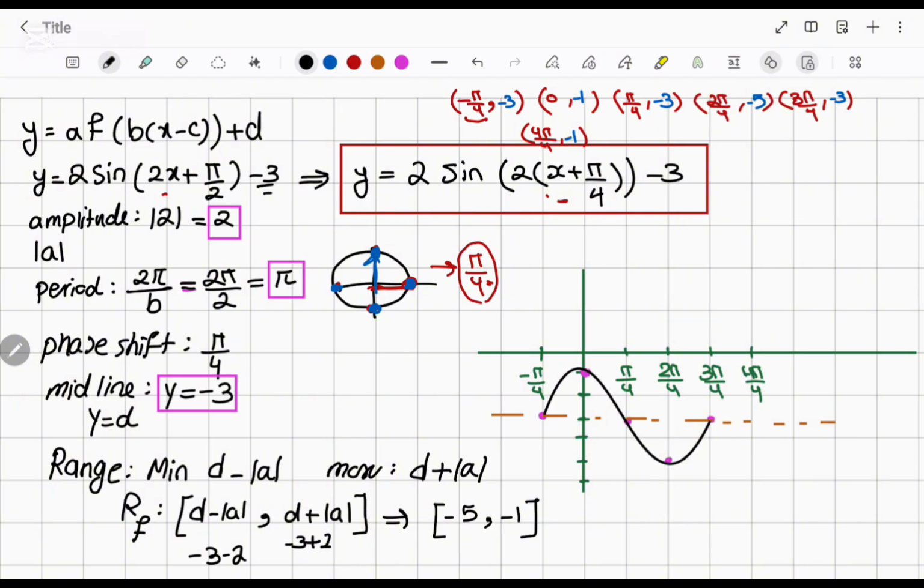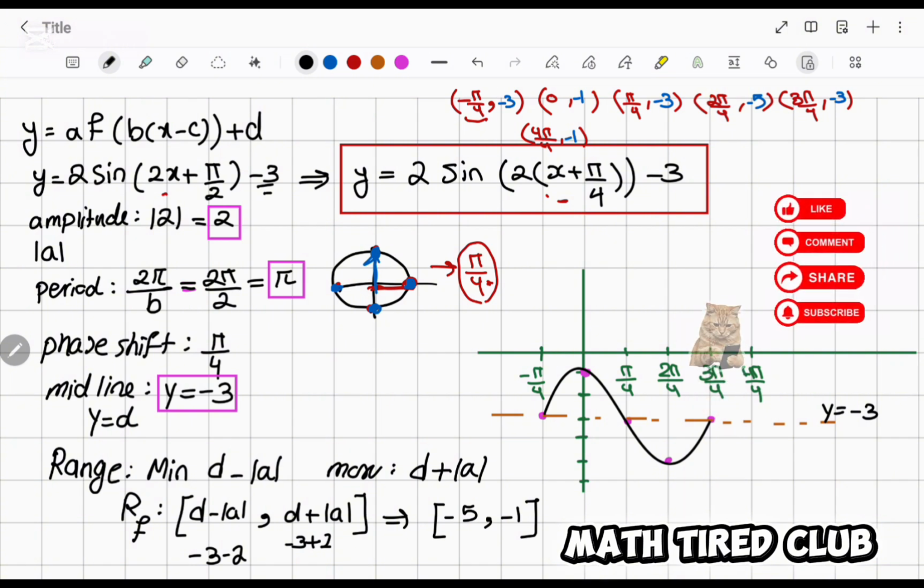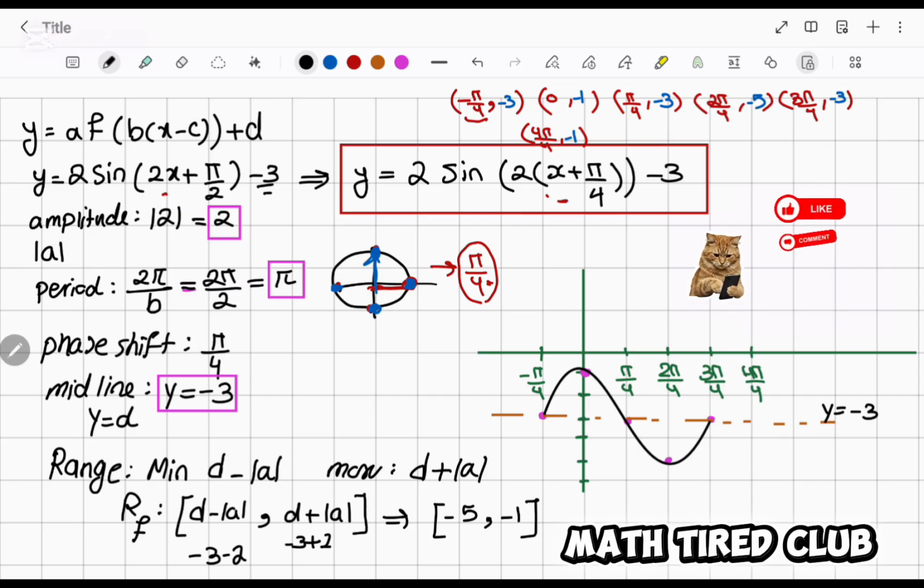And as you see, it's like the graph was shifted 3 units down, and that's what the midline represents. Normally the midline is y is equal to 0. It's like you have shifted it 3 units down. So like this, very easily you can graph this function, and you don't need to worry about anything. Just with all this information that I gave you, you can do it.